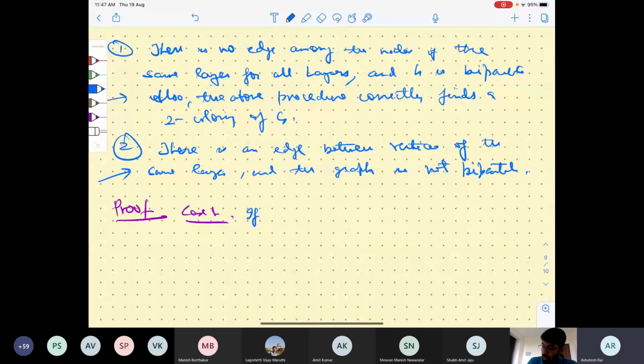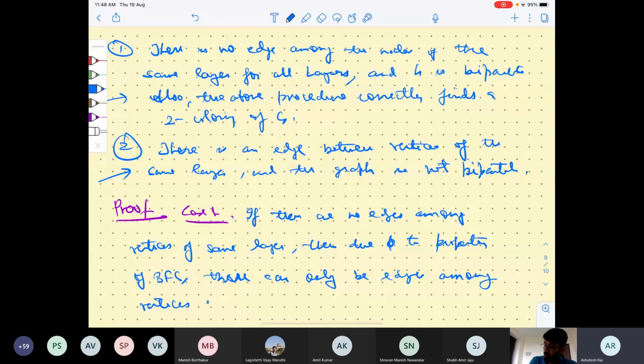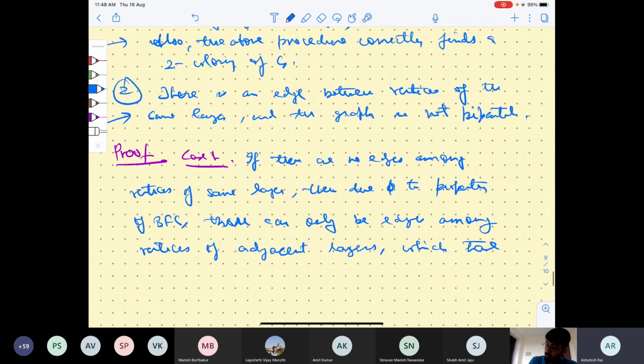So if there are no edges among vertices of the same layer, then due to the property of BFS, there can only be edges among vertices of adjacent layers, which have different colors, from the algorithm.